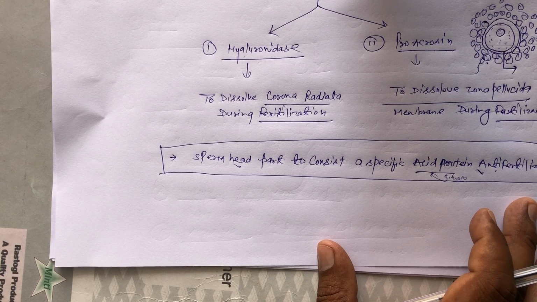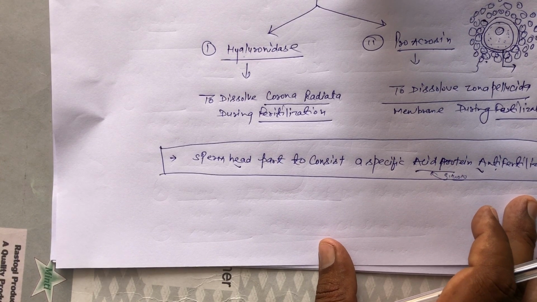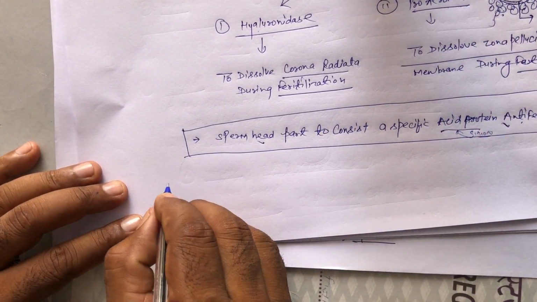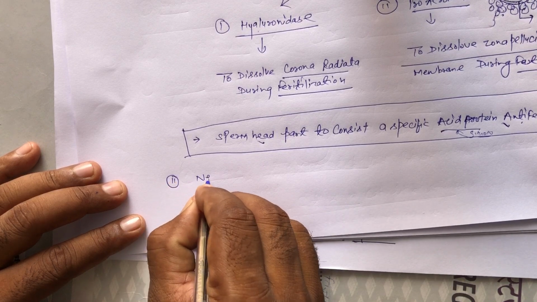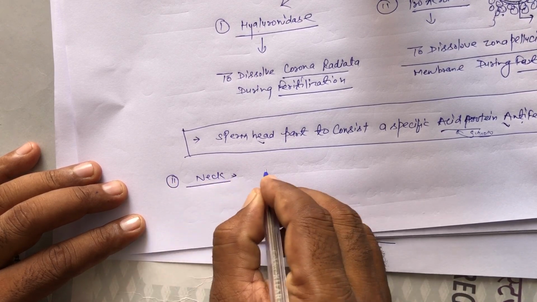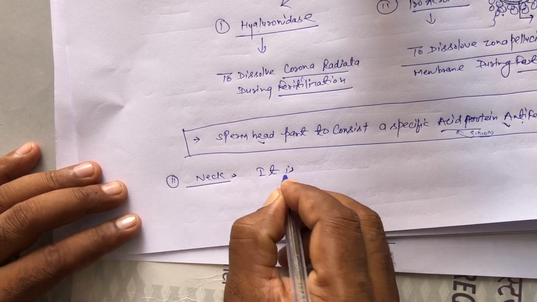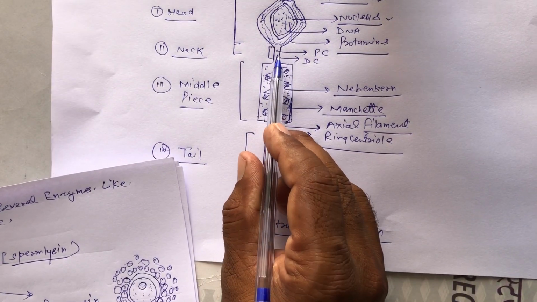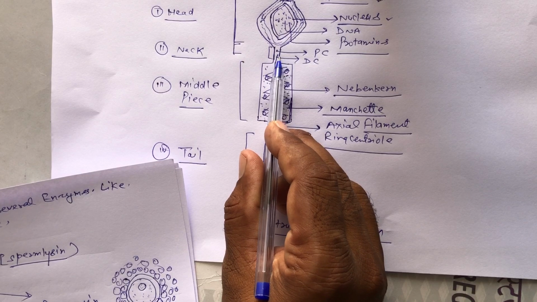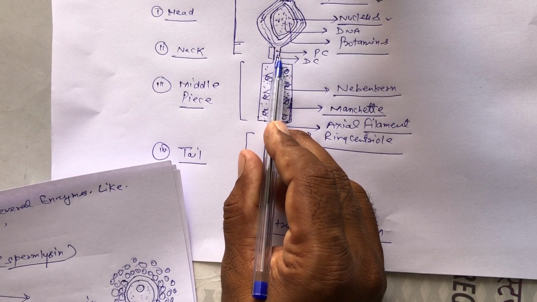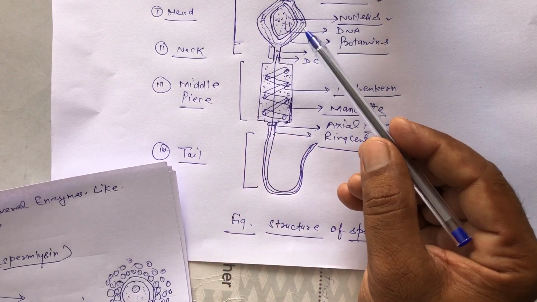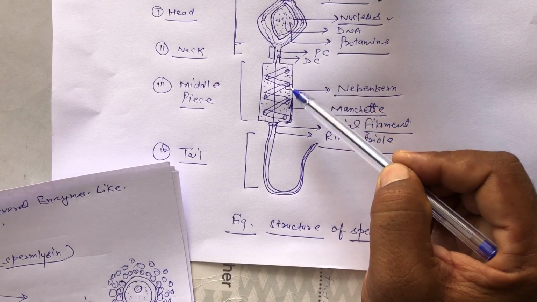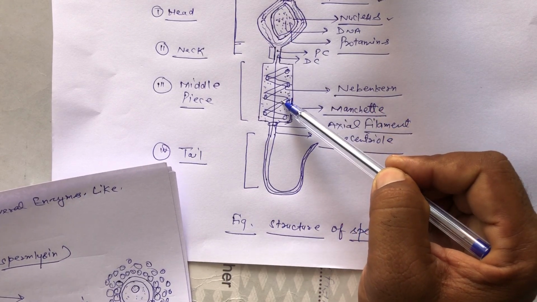Second part is the neck. Students, it is a narrow and small part of the sperm, located between the head and the middle piece.